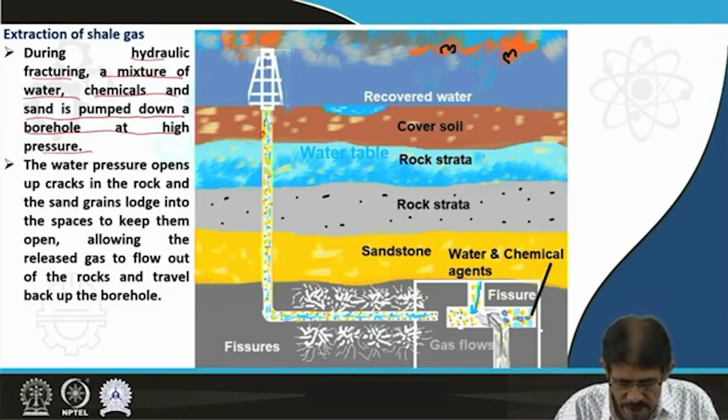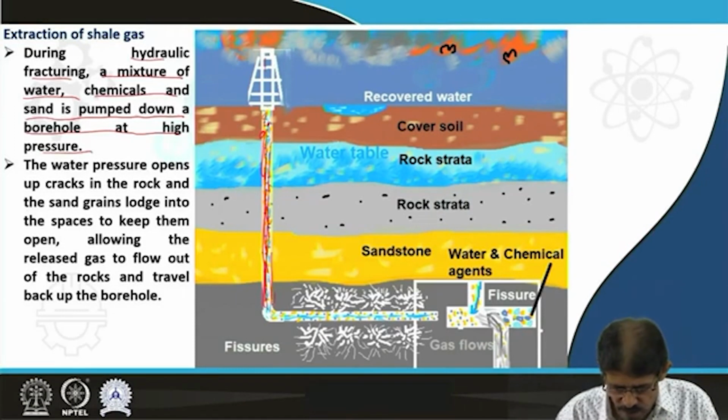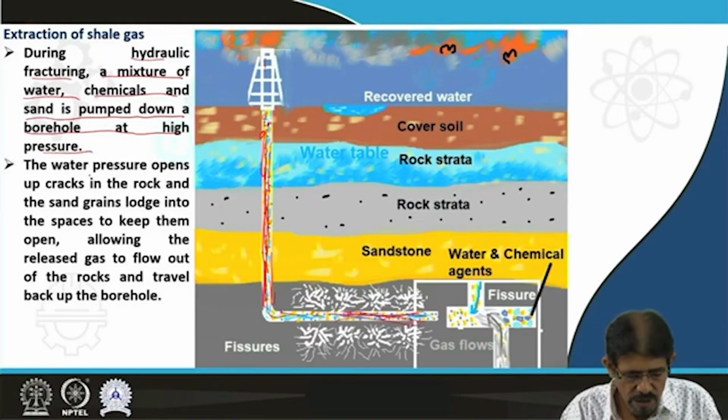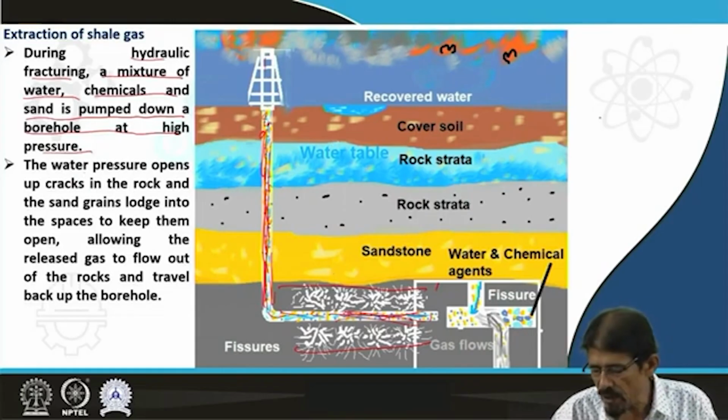Sand as well as chemicals and water are pumped down into the targeted zone to create fissures, where the water pressurizes this zone and the sand forms a log-type structure. Suppose one fracture is developed here, then the sand grains create a log-type roll which does not allow further closing of the fracture.